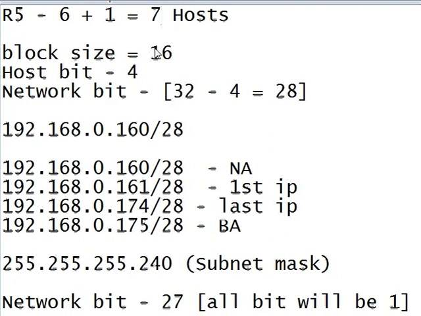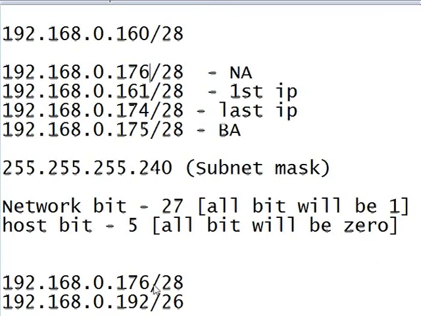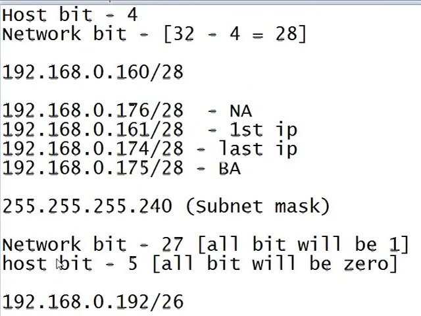So we have to go for this particular subnetwork. Here my block size will be 16, so it will start from 176 and go till 192, that is 176 till 191.